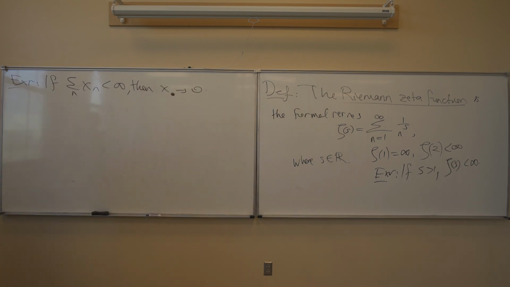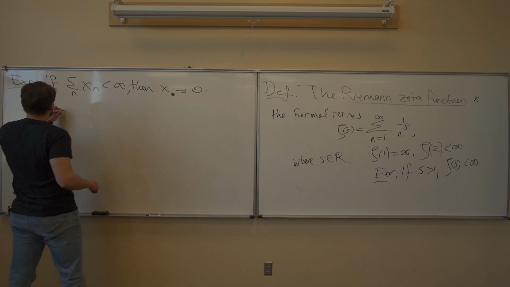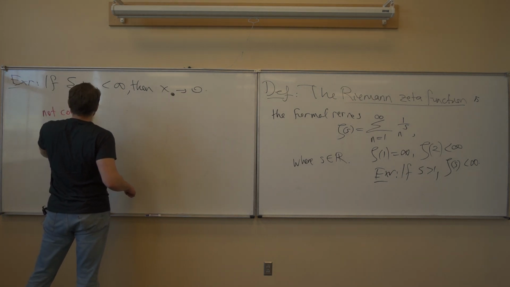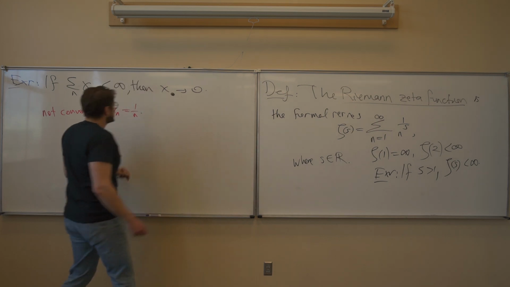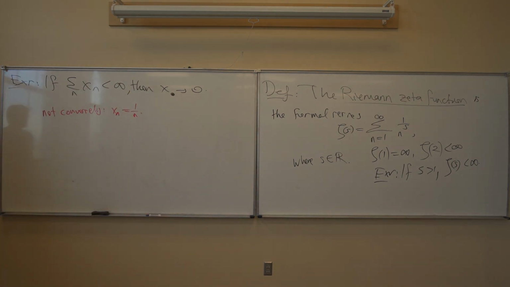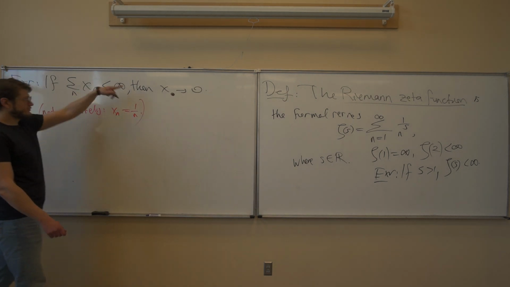Okay, this is a nice exercise. The other way around doesn't work, because we just saw an example: x sub n defined as 1 over n goes to 0, but the sum diverges. So this only works one way.